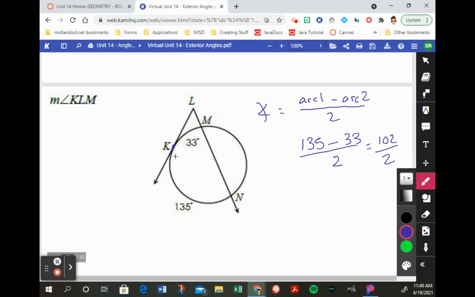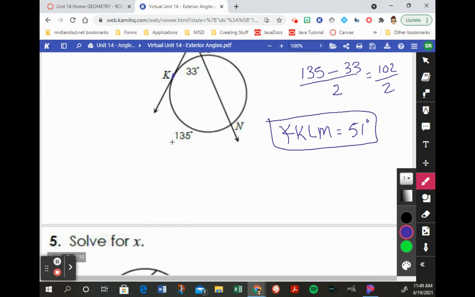So this angle right here is 51 degrees. That makes sense. So our angle KLM equals 51 degrees.